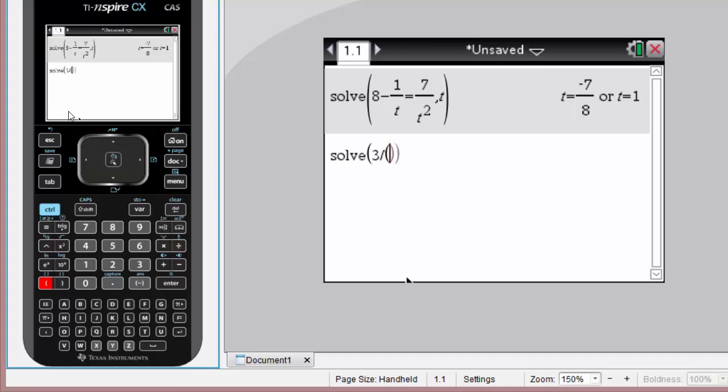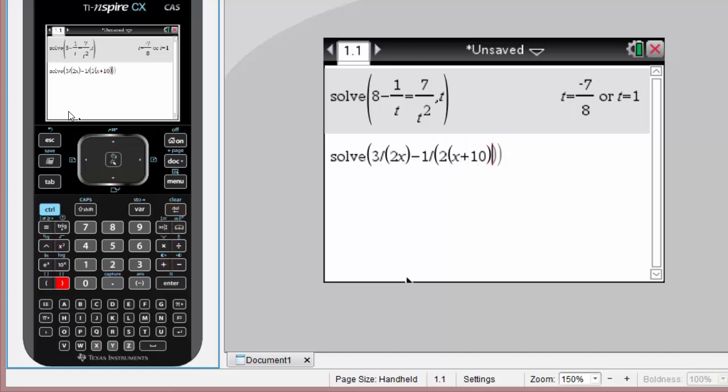Now let's be careful. Let's put our 2x in parentheses so it doesn't think it's 3/2 x. So 3 over 2x minus 1 over, and we'll be careful on the quantity here, divided by 2 times x plus 10.